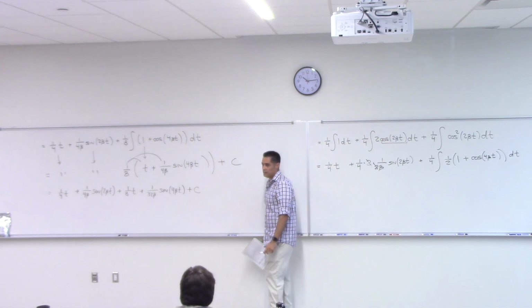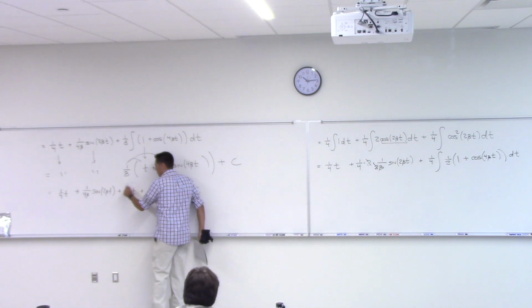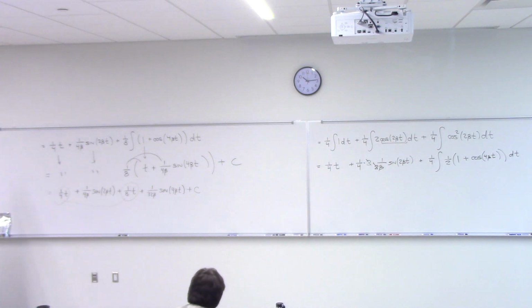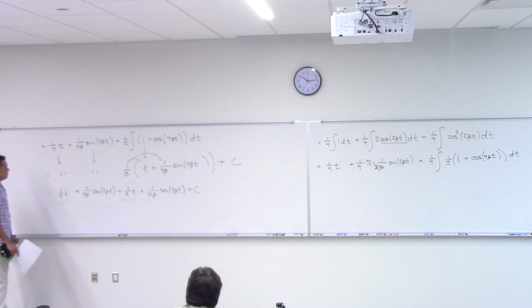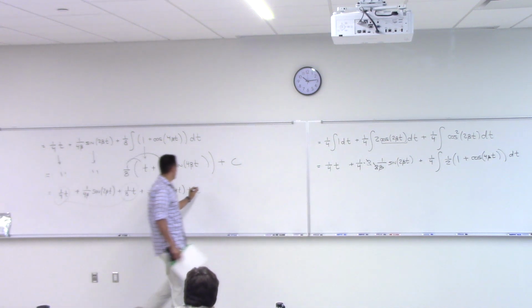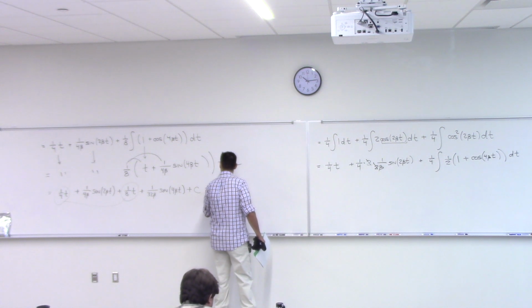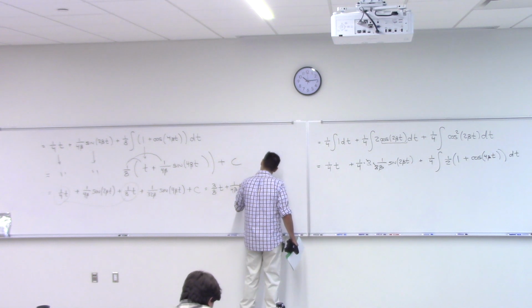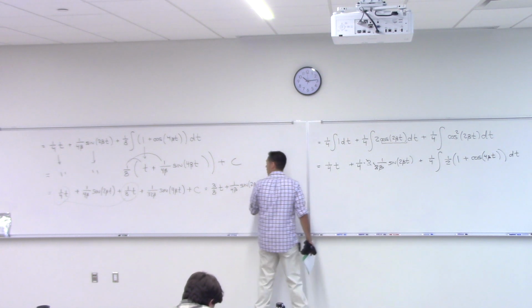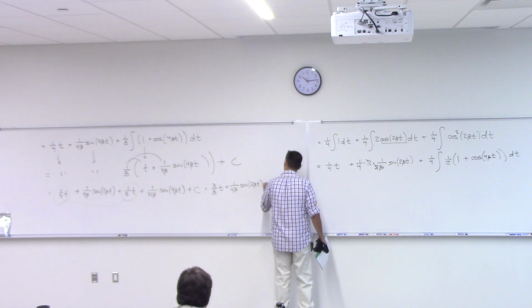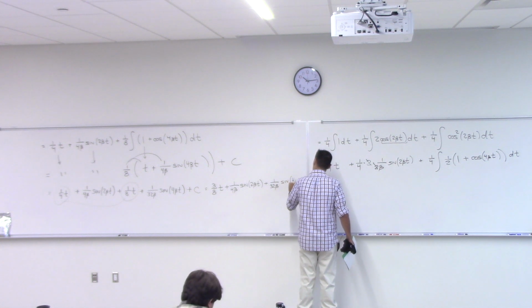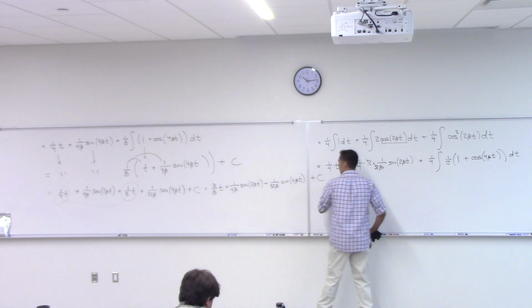Still not done because these two are like terms, so you could add those together, right? 1/4 and 1/8 together is 3/8. So your last line could be 3/8 t plus 1 over 4 beta sine 2 beta t plus 1 over 32 beta sine 4 beta t plus c. There it is.